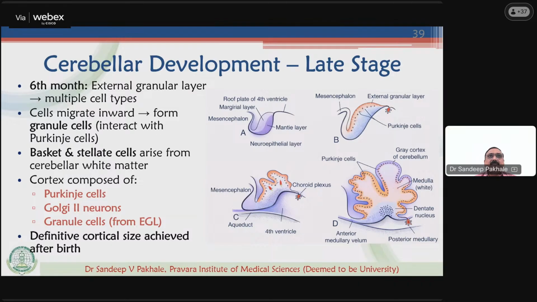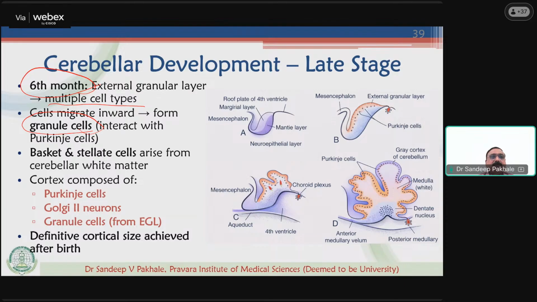By the sixth month, that is the late stage, the external granular layer becomes highly active and gives rise to multiple neuronal types. So multiple cell types are formed at the sixth month. These cells migrate inward, forming granule cells, which interact with the Purkinje cells, contributing to the cortical organization.